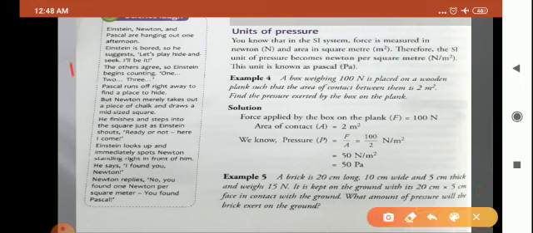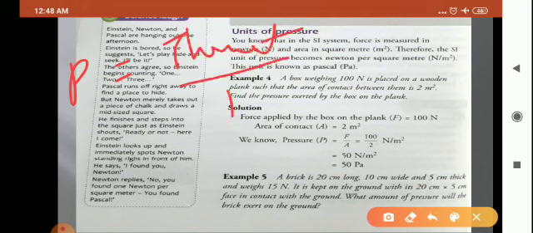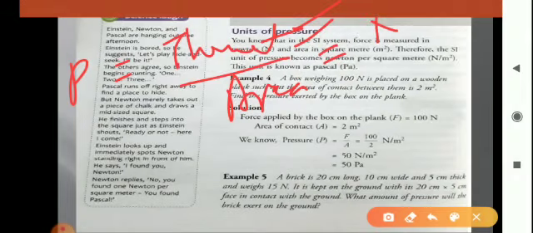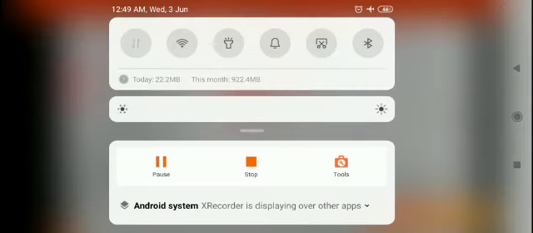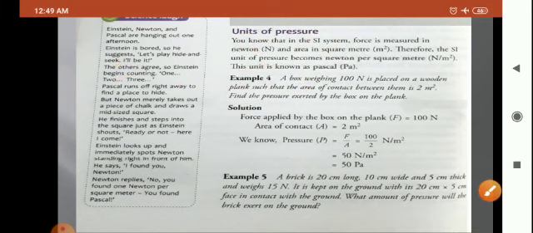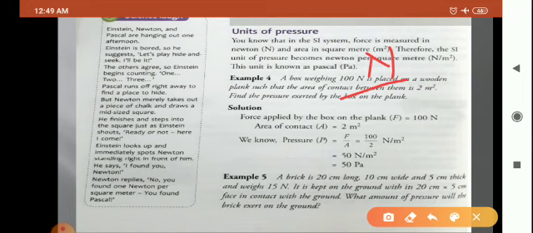I told you that pressure is equals to thrust upon area. So this thrust is what? It is also a kind of force. So what is the SI unit of force? That is same for the thrust. That is Newton, and what is the SI unit for area?